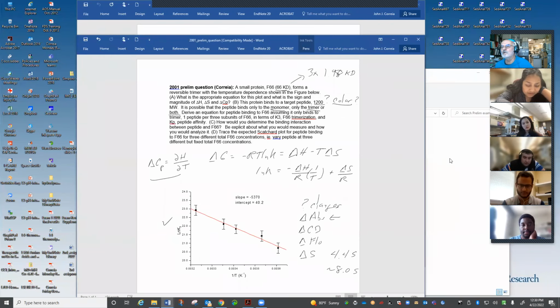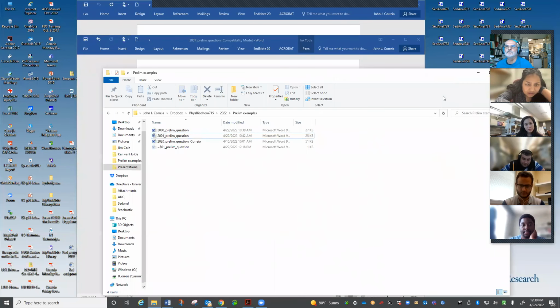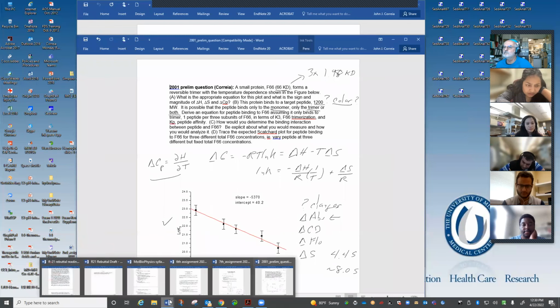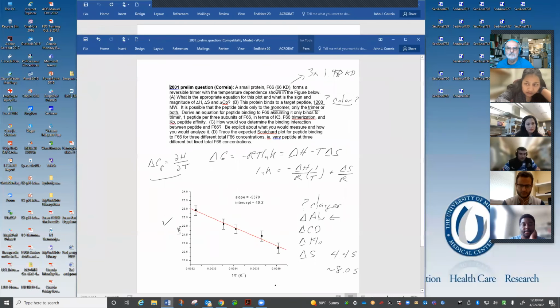We're going to do more with it in the next couple of weeks because we're discussing papers that use heat capacity. So the answer is that this is a straight line. The enthalpy is a slope. Within error, the slope doesn't change from this temperature to this temperature. These are inverse temperatures.